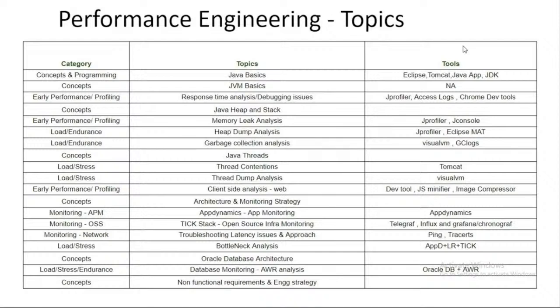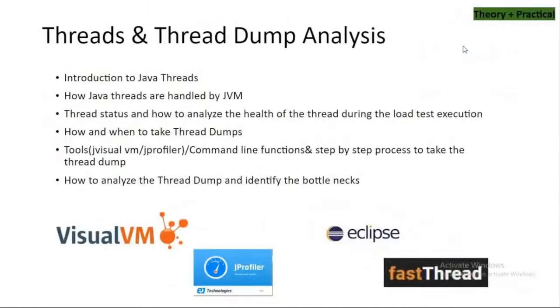Then the other component is threads. Your response time, your heap memory and GCs, and then third is going to be your threads. From a thread perspective, we will learn what a Java thread is and how we configure Java threads, what can go wrong when the thread count is low or when it is high, what the thread contentions are, and what issues we will face during load testing from a thread perspective.